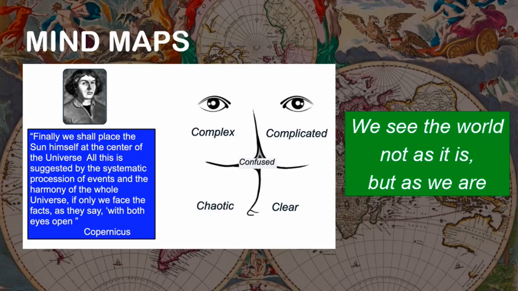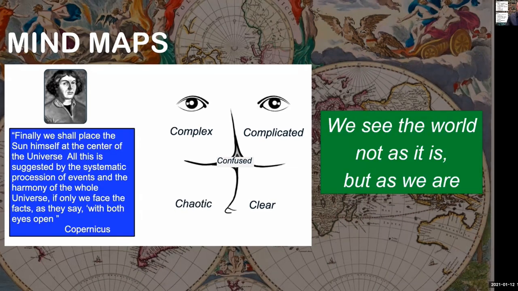Yeah. Putting forward his heliocentric theory, Copernicus said that we needed to face the facts as they are with both eyes open. I realized that my education as an engineer left me with one eye open. I learned all about the ordered system in school. It was if-then causal, very predictive, and you can actually create systems that operate very well. Complexity science and the study of complex systems wasn't even offered at the university.